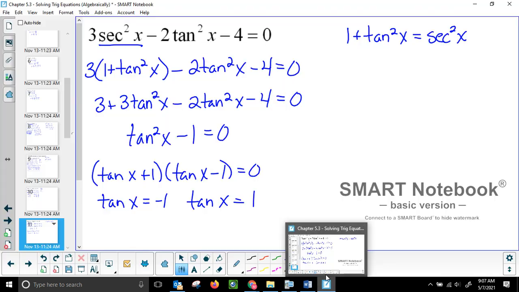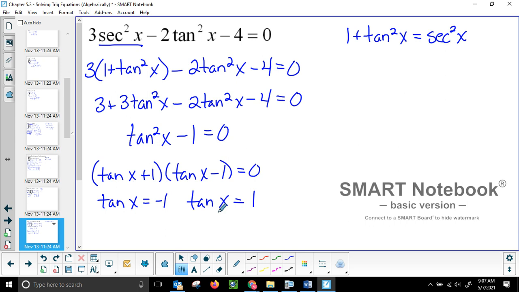All right, so tangent is 1, we said, at pi over 4 and 5 pi over 4, and it's negative 1 at 3 pi over 4 and 7 pi over 4.